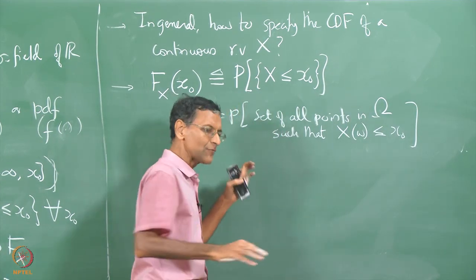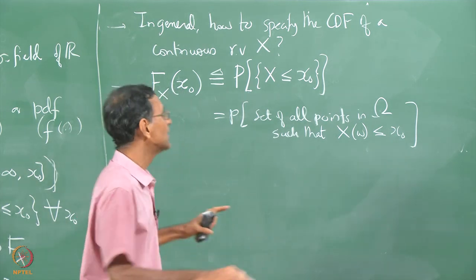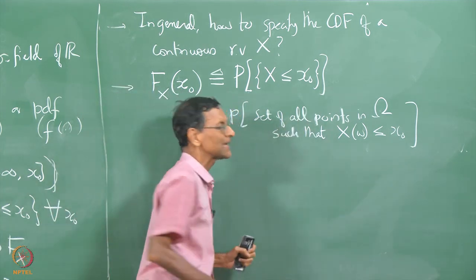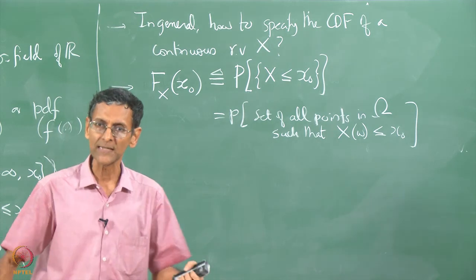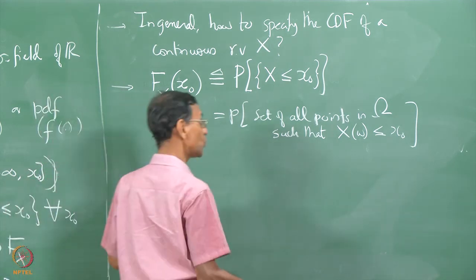But anyway, we have to take one thing at a time. So, we will make the definition and then apply it as we go along. That is the only thing we can really do.